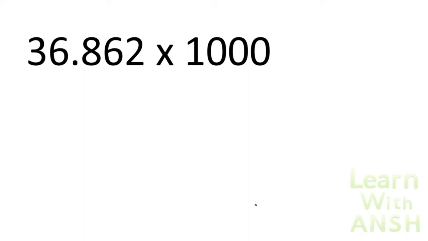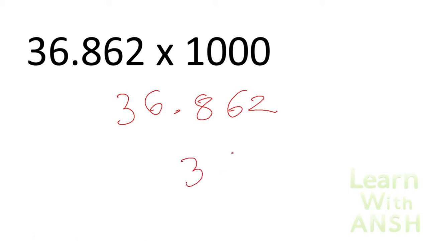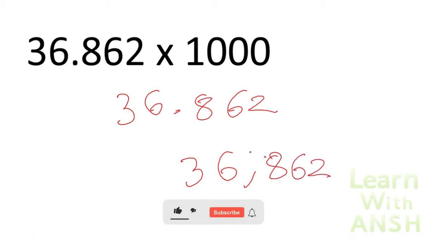So 36.862 becomes 36,862, and this is our answer. I am again recollecting the mnemonic: Mr. Deepak Lal, which means multiplication right, division left.